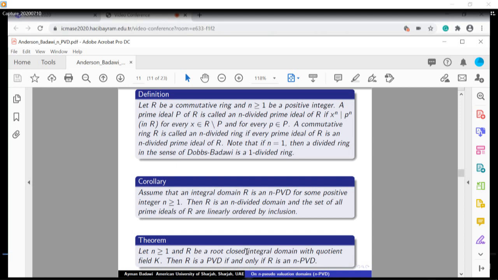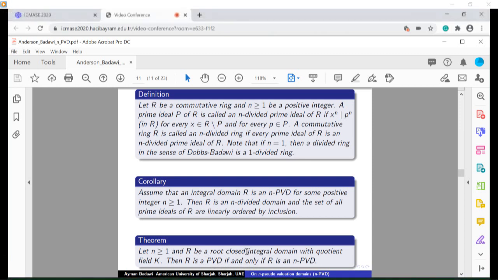Root closed means if x to the n is in R for some x in K, then x has to be in R. Like if you want to solve the polynomial x to the n equals a, where a is in R, the only solution inside the field K has to be an element in R. This is what we call root closed.